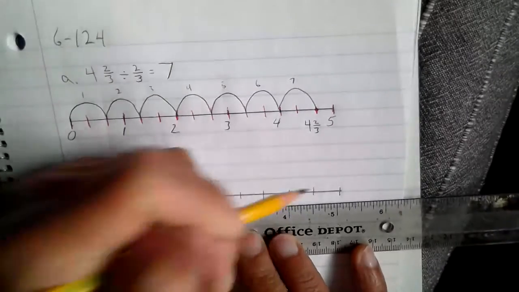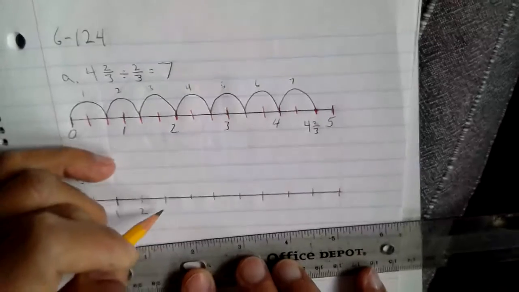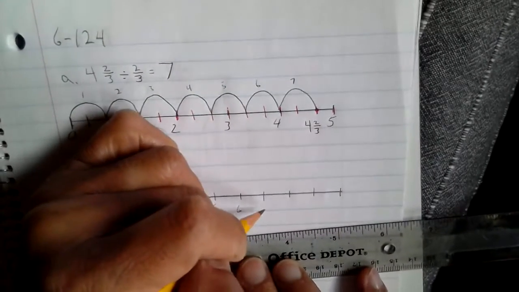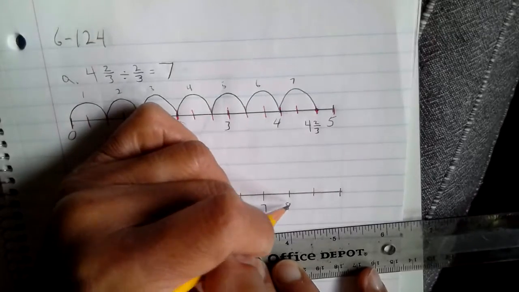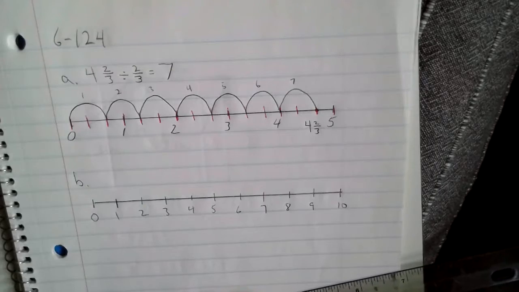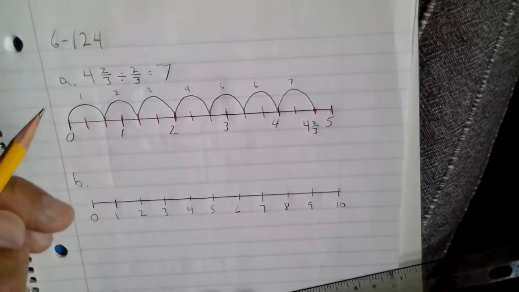So cut it into 10 equal parts. Let's see if I have it right here. 1, 2, 3, 4, 5, 6, 7, 8, 9, 10. Okay, good. So this right here, we have our number line as our diagram.